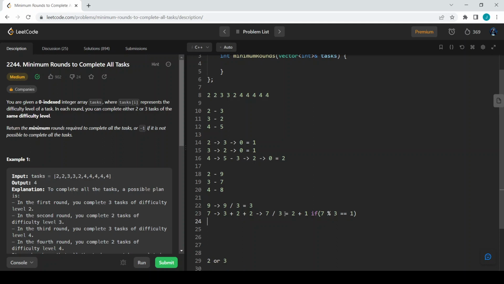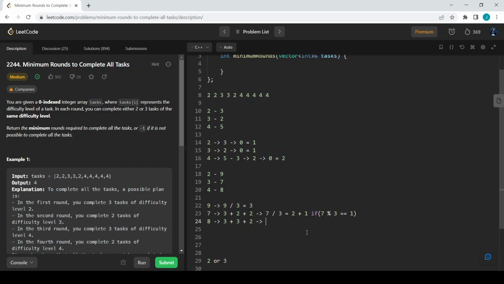In the third case, there are 8 tasks available. How can we partition these 8 tasks? We can make 3 plus 3 plus 2.